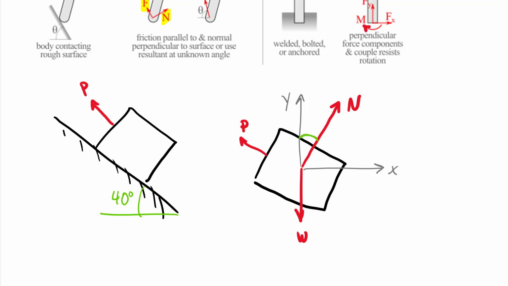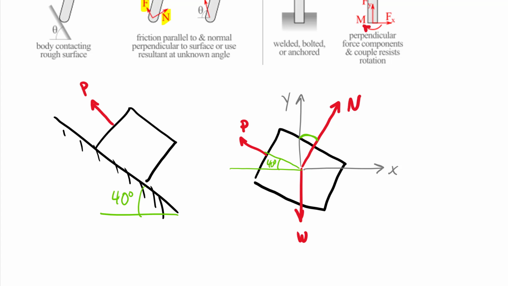I'll need that angle because I'll need to divide that normal force into components, basically taking a sine and a cosine to come up with the components along x and y. I'll show you a trick that I like to use in finding these angles. The 40 degrees actually comes in right here.